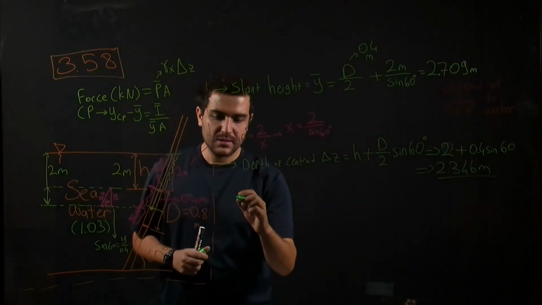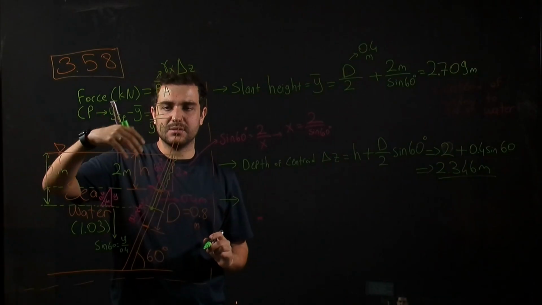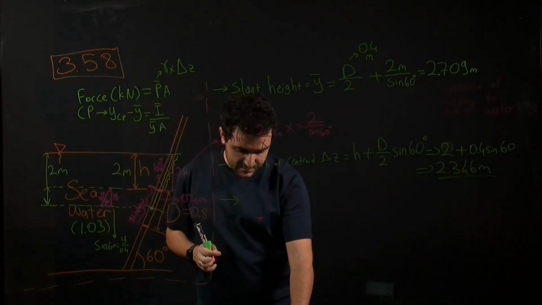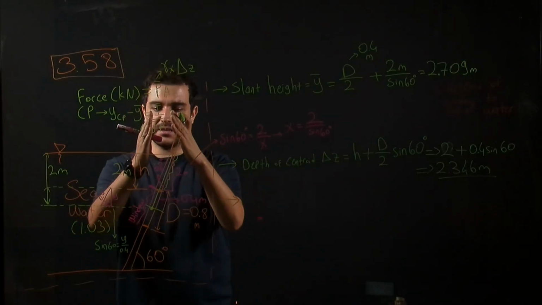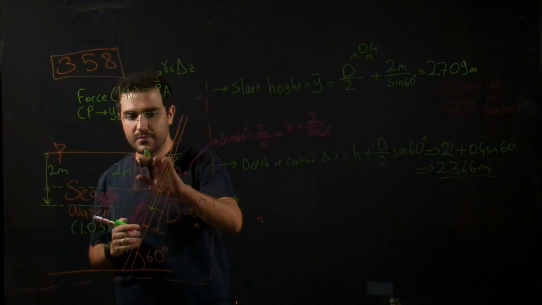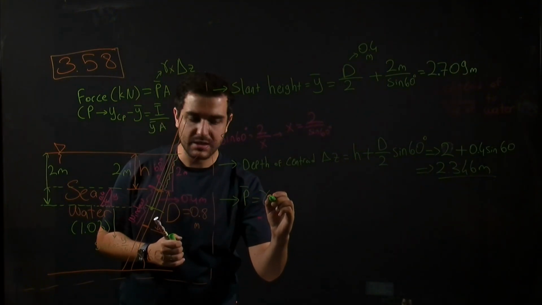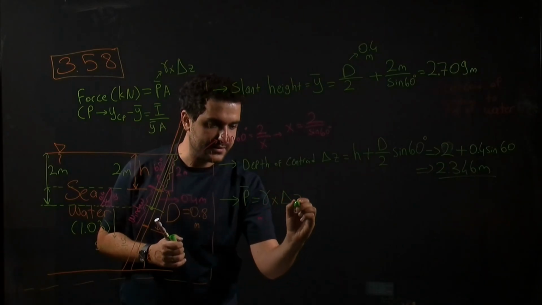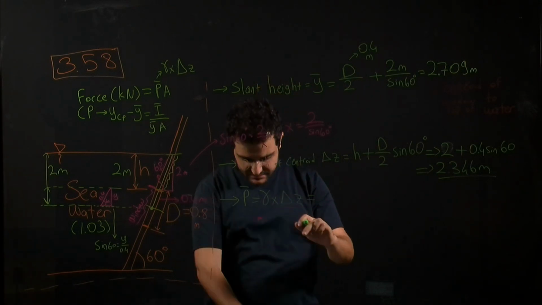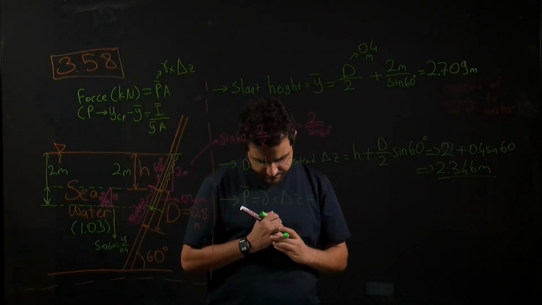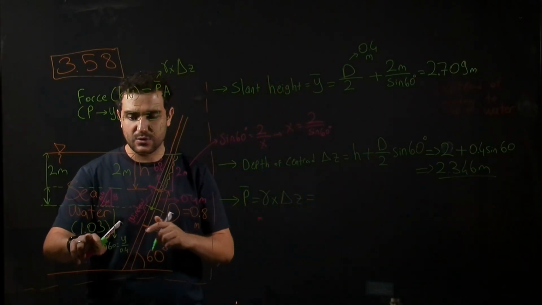Okay, now we can skip to calculating hydrostatic pressure, which means we have P, and P is equal to, as you know, specific weight and depth. So it is equal to specific weight times delta Z. Specific weight is given, yes, since we know the specific gravity, we can calculate the specific weight of seawater.